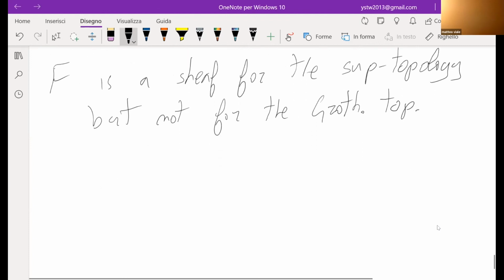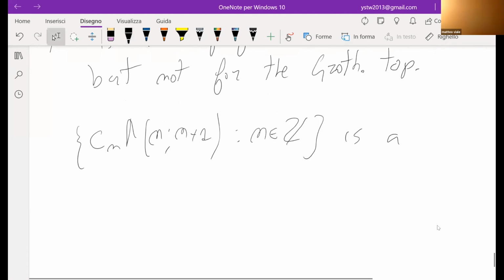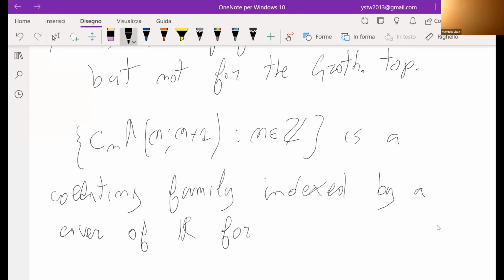Why? Well, for example, we have that C_n restricted to (n, n+1), n in Z, is a collating family indexed by a cover of R for the Grothendieck topology.